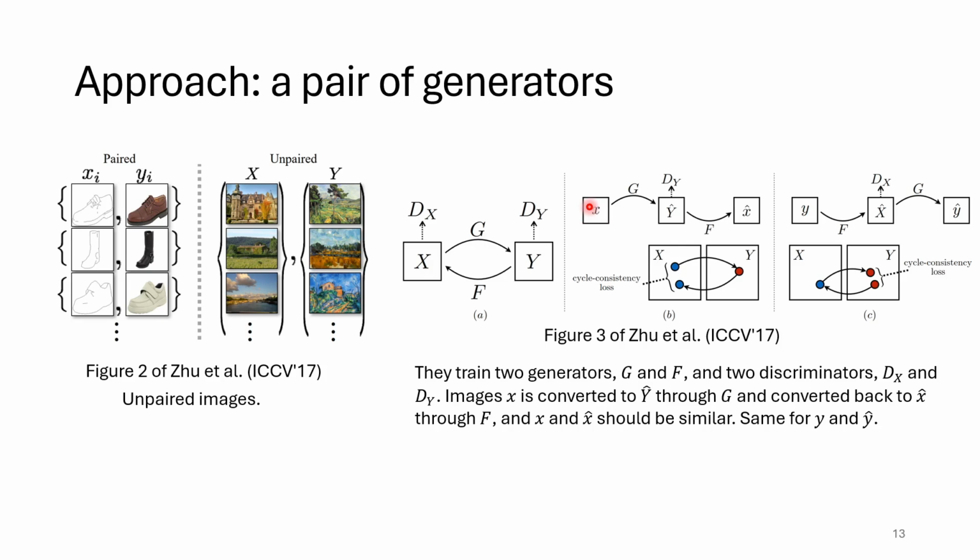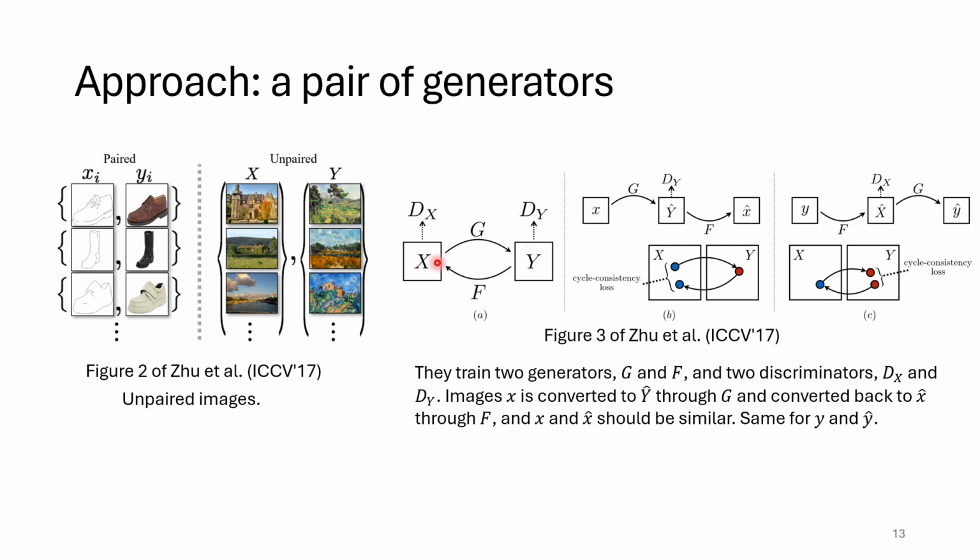How do they control their loss? They control it in this way: if an image from domain X is translated to domain Y and translated back to domain X, then the X hat and the X should be similar to each other. This is why they call it CycleGAN: go here and go back.